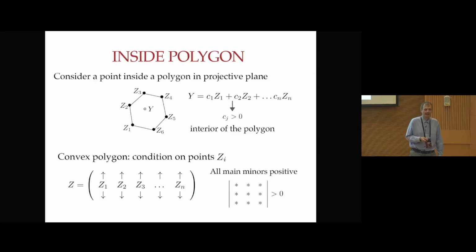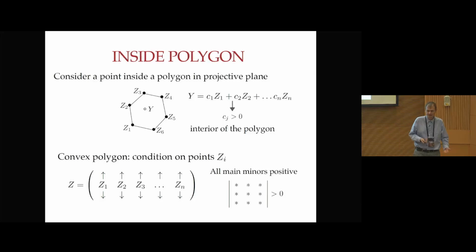Now, we can extend it to talking about polygons. So we define here 6, but n z's in a plane, and we can talk about a convex polygon and the interior of the convex polygon. Now there are some conditions. These z's cannot be random, because if you just draw random 6 points or n points, they will not form a convex polygon.